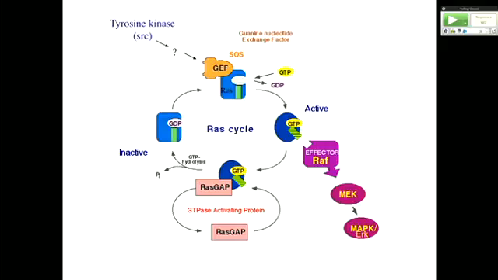And the answer to that came from a similar type of approach to the one I've described for how RAS and SRC were initially identified. What would that approach be? How would you identify other components of this pathway?